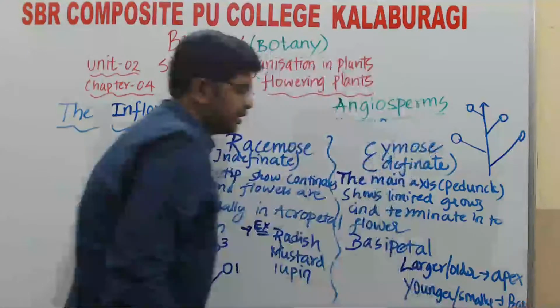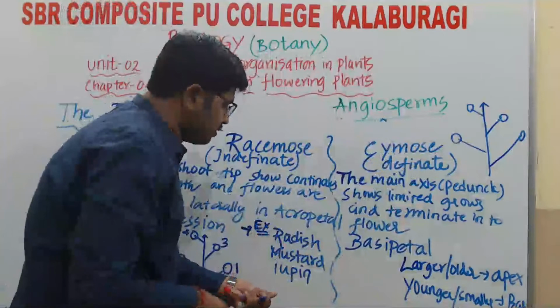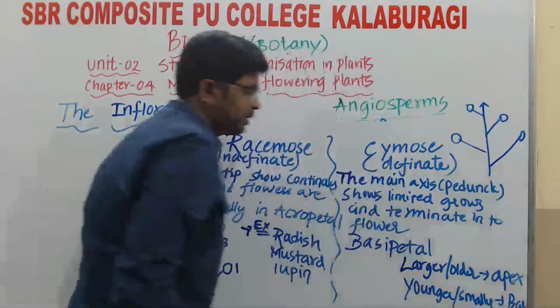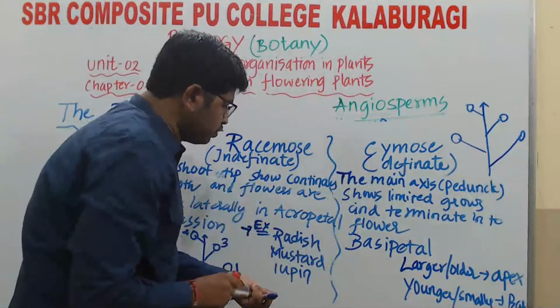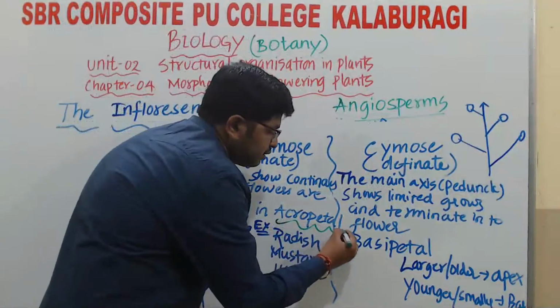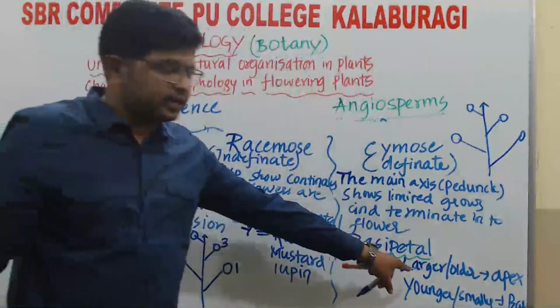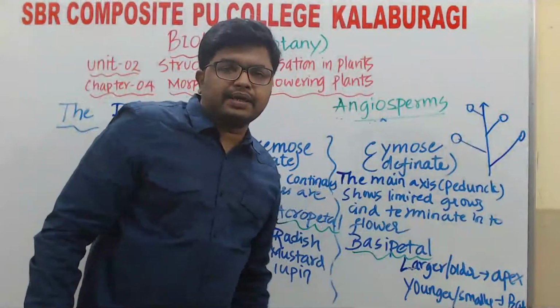Such an arrangement we call basipetal. You have to note them. This is acropetal, and this is basipetal, meaning larger and older at the apex, younger and smaller at the base.